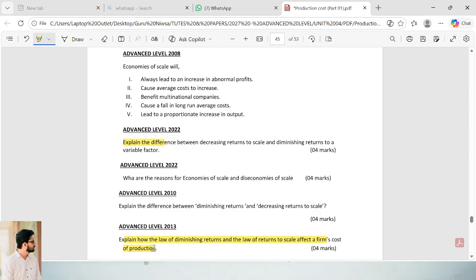You can explain both of them using average total cost, short run average total cost and long run average total cost, because both short run ATC and long run ATC are influenced by these two laws, right? Short run average total cost is influenced by the law of diminishing marginal returns.